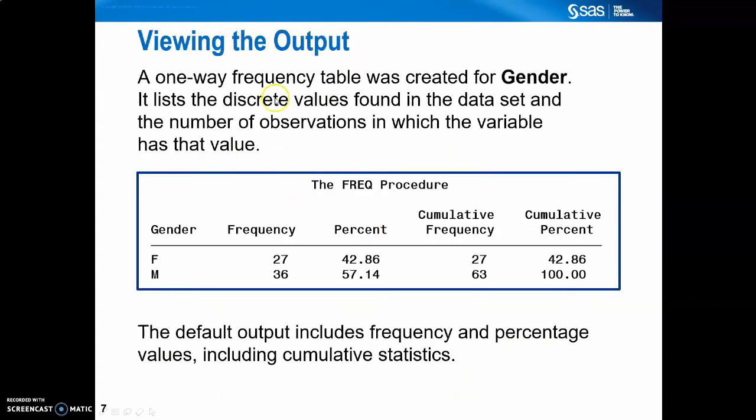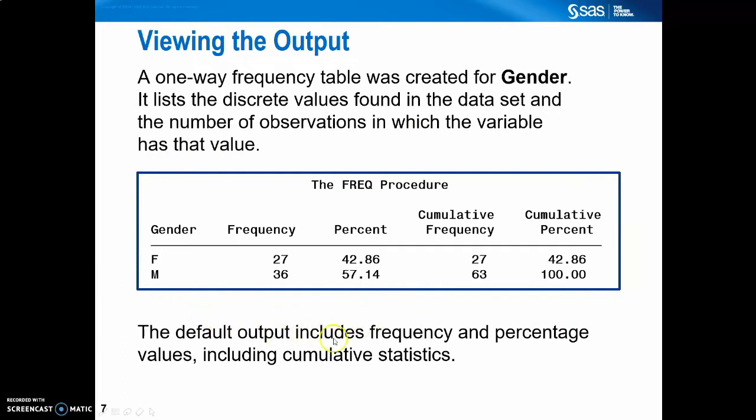Okay, viewing the output, a one-way frequency table was created for gender. It lists the discrete values found in the data set and the number of observations in which the variable has that value. So this is the output produced by using PROC FREQ.